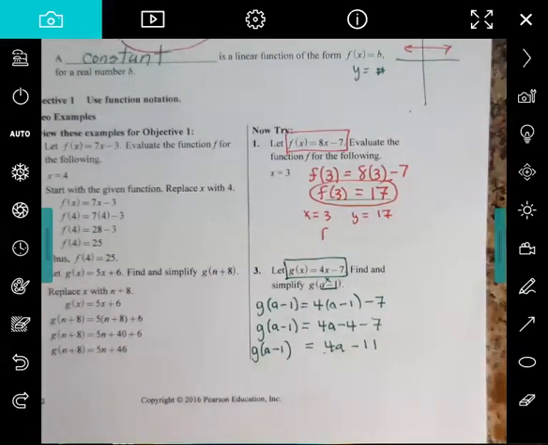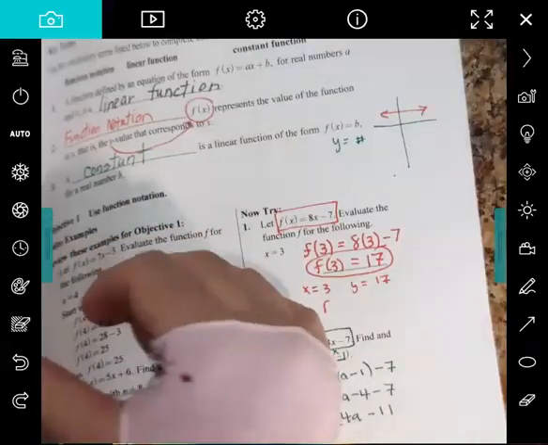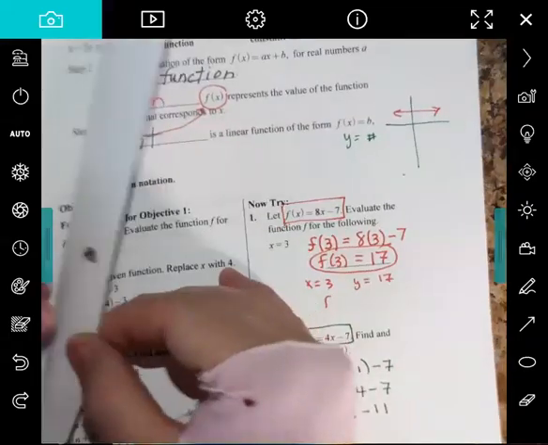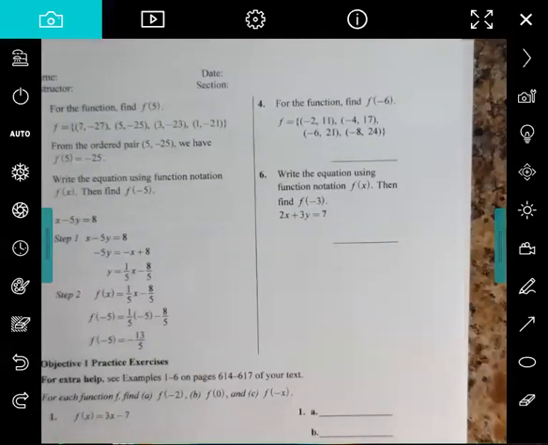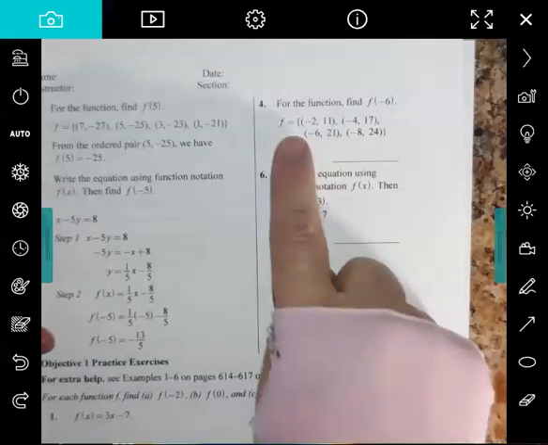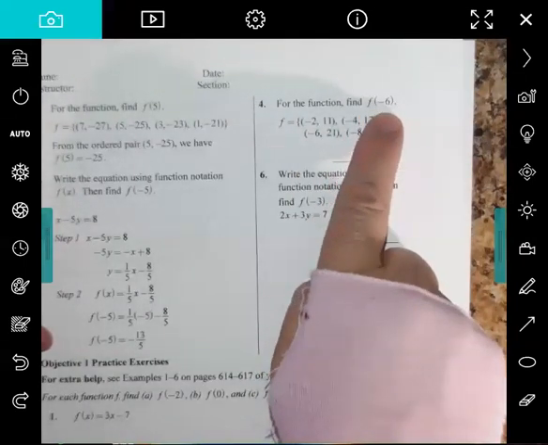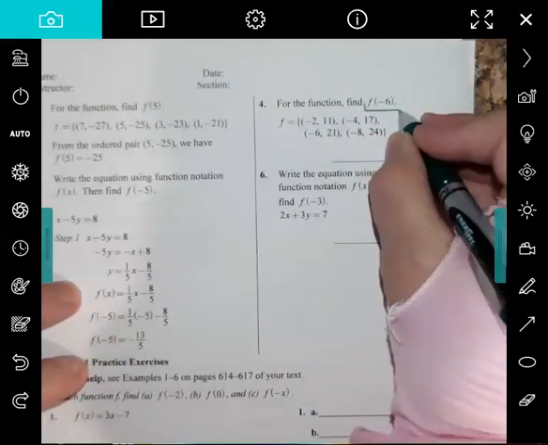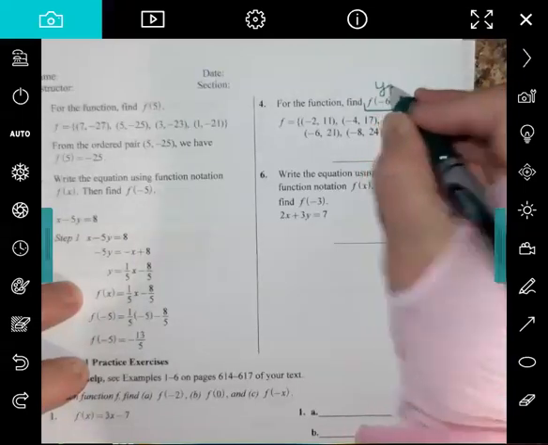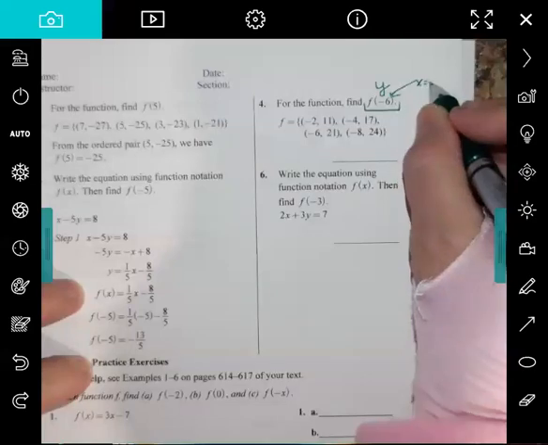Okay, more with function notation for y. Find the function value for this function, right here is the function f. Find f of negative 6. So this is really asking me, what is the y value when x is negative 6?